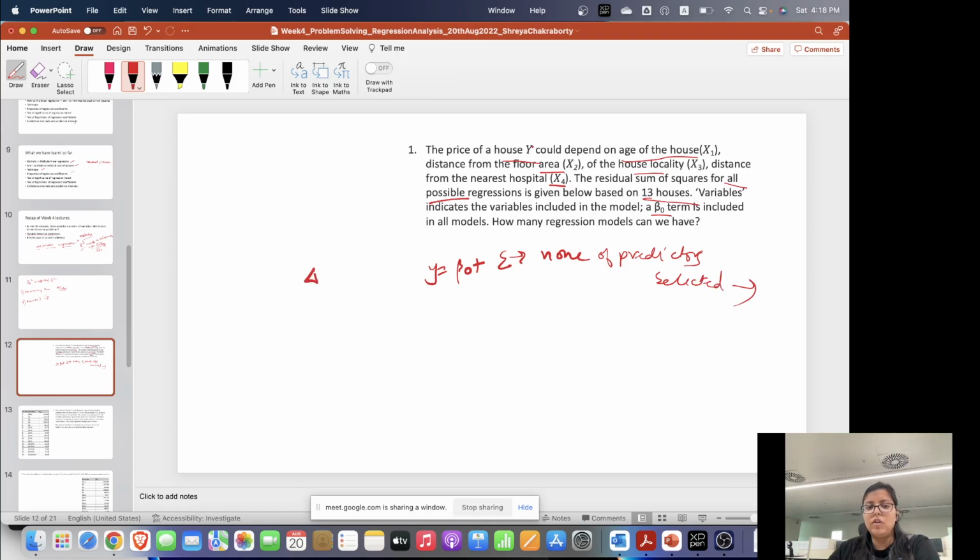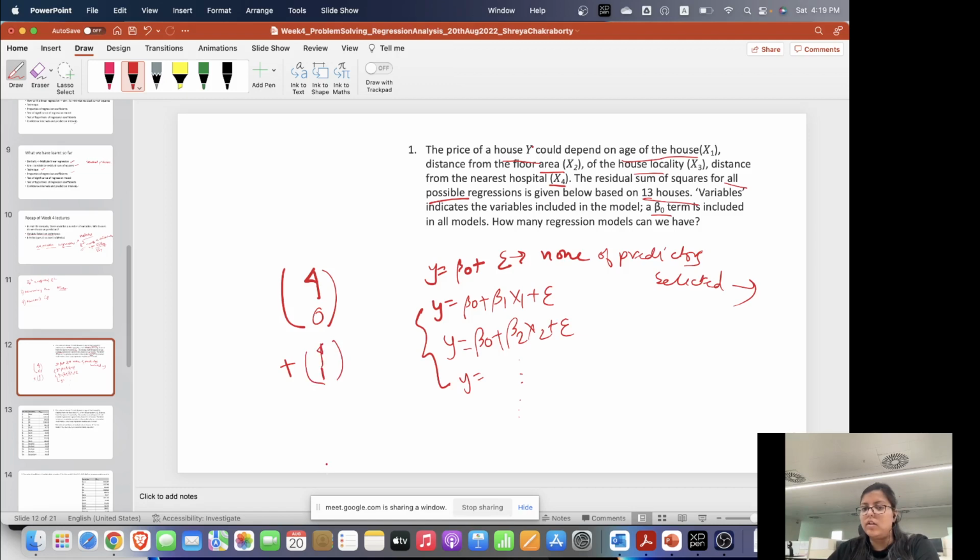Out of 4 predictors, I am selecting none. If I select one variable, and so on and so forth. How many such regressions can we fit with one variable? Out of this pool of 4, we are selecting one predictor.